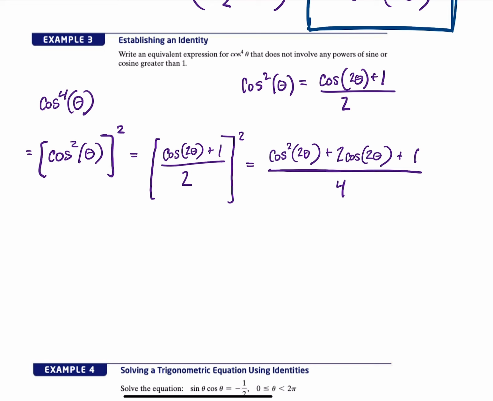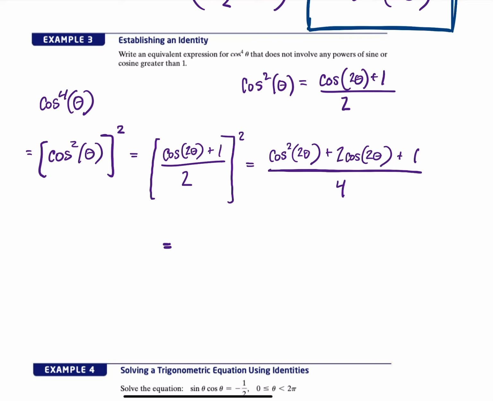But we're still trying to express this in terms of cosine to the first power. So we need to effectively do the same thing with that cosine squared. So we'll apply this formula again. Let's first split everything up into separate fractions so we can treat this piece by piece.